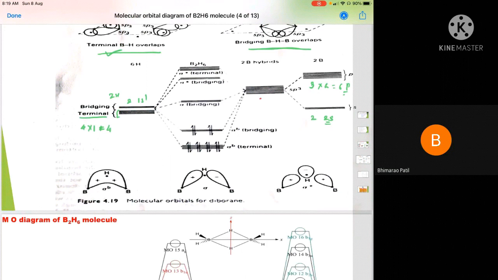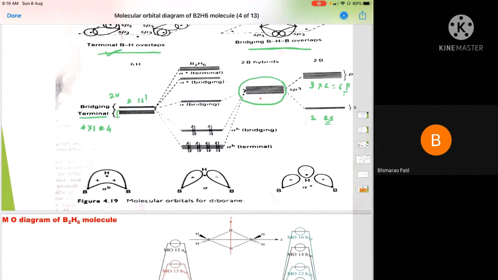One 2s atomic orbital is combined with 3 p atomic orbitals to form 4 sp3 hybrid orbitals. Similarly, for the other boron atom, 4 sp3 hybrid orbitals are formed, and therefore the total sp3 hybrid orbitals from 2 boron atoms are 8.